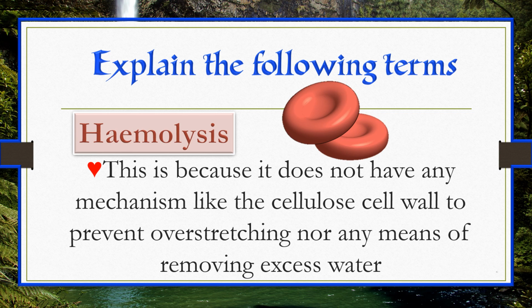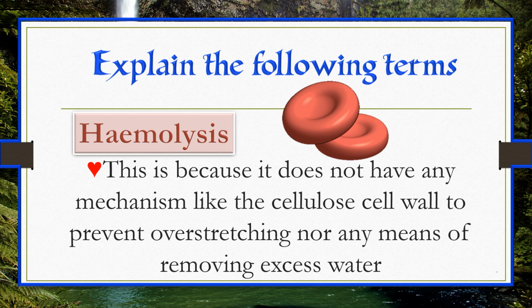This is because the red blood cells do not have any mechanism like the cellulose cell wall to prevent overstretching, nor any means of removing excess water.